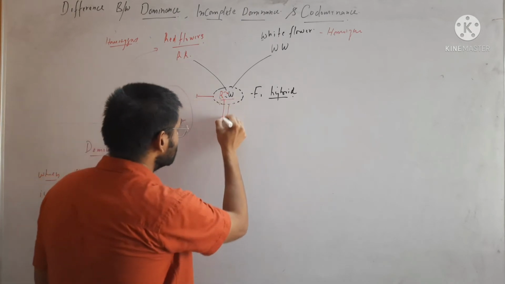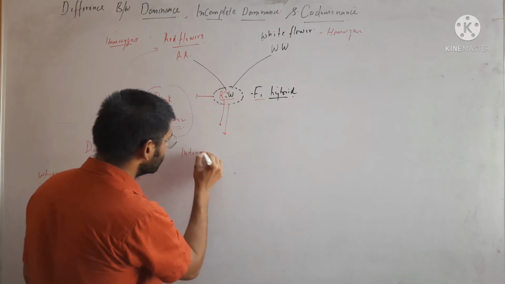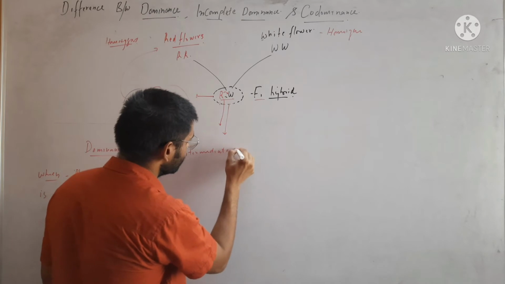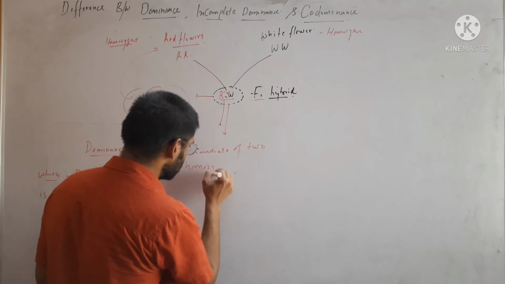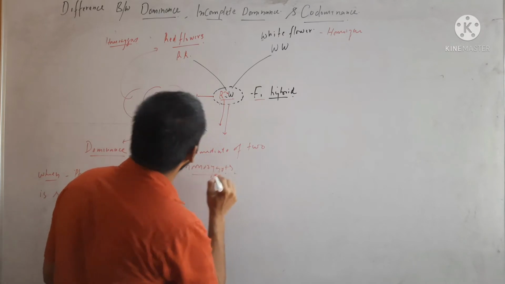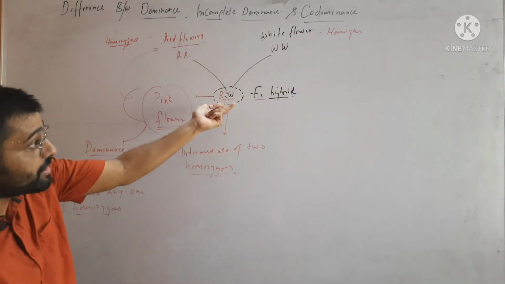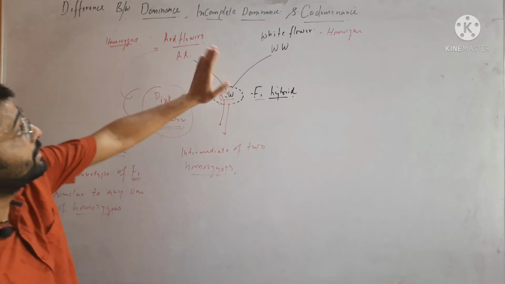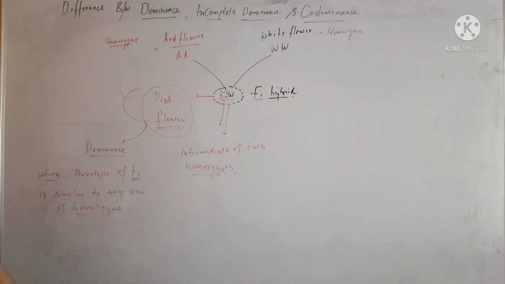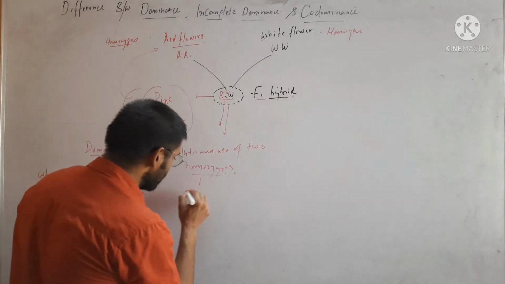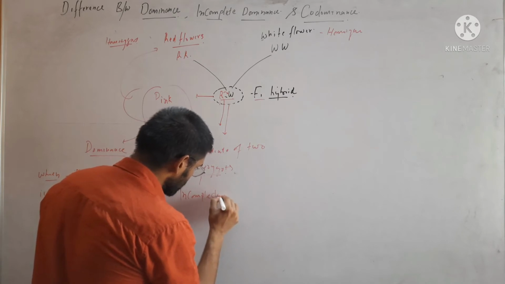Here the F1 hybrid is intermediate of the two homozygotes, the red flower and the white flower. So if F1 is pink colored, then it is intermediate of both homozygous genotypes. So in this case we will say incomplete dominance.